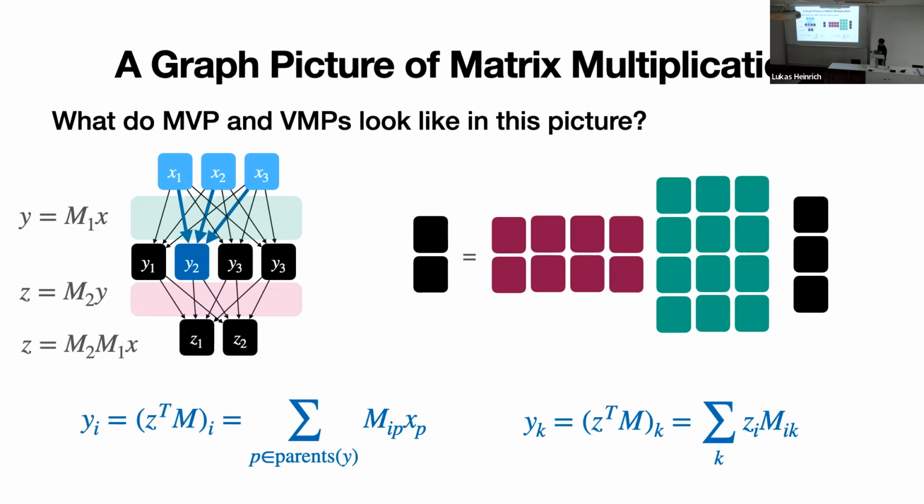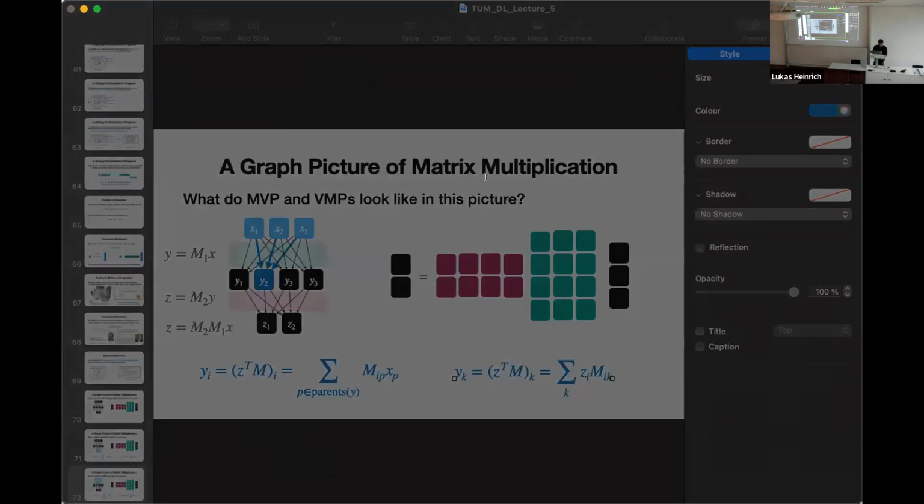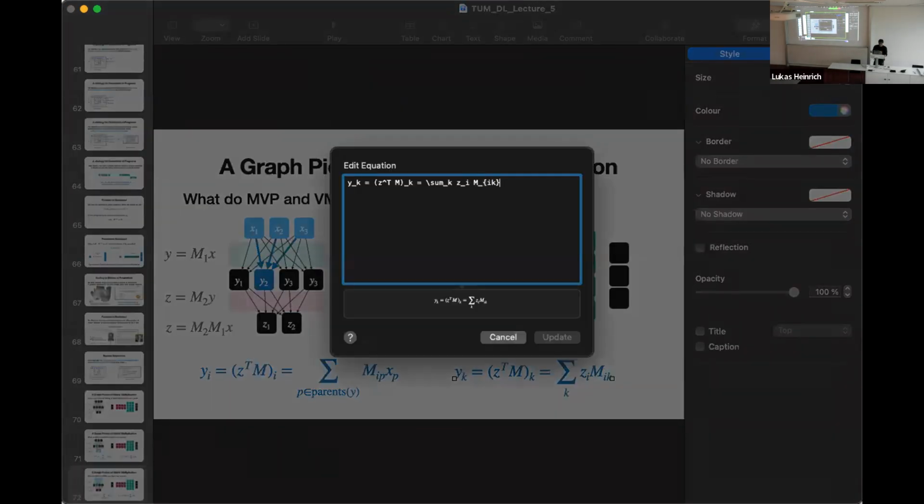How do you do this the other way around? So let's say, okay, whoops. Let me see. Okay, there's an error here. Let me try to fix this. Okay, let's do something like this.